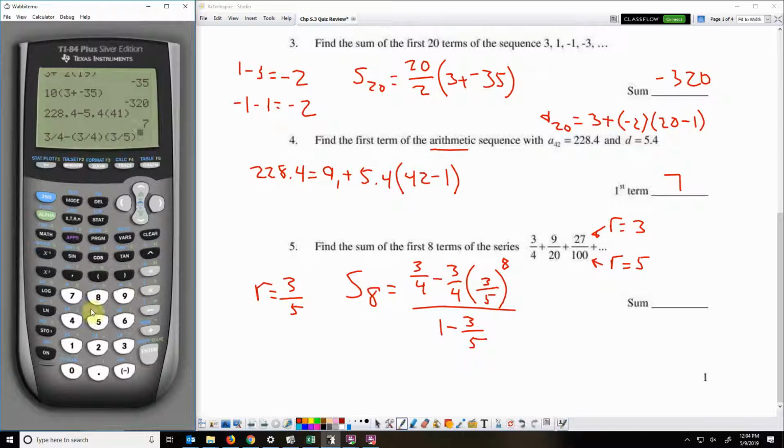And that fraction is to be raised to the 8th power. And then I'm going to divide that by 1 minus 3/5. And I get about 1.84.